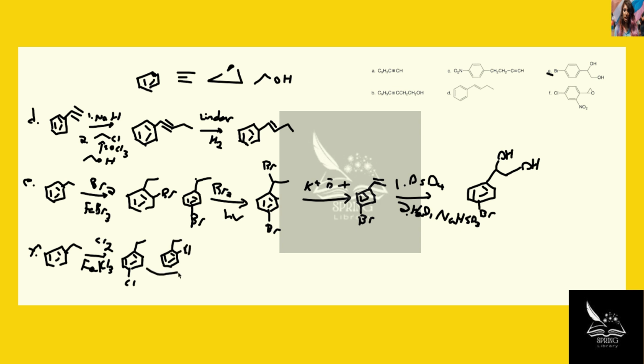But we're only interested in the para isomer. And now this ethyl group is going to be directing here. So then we can add our nitro group.